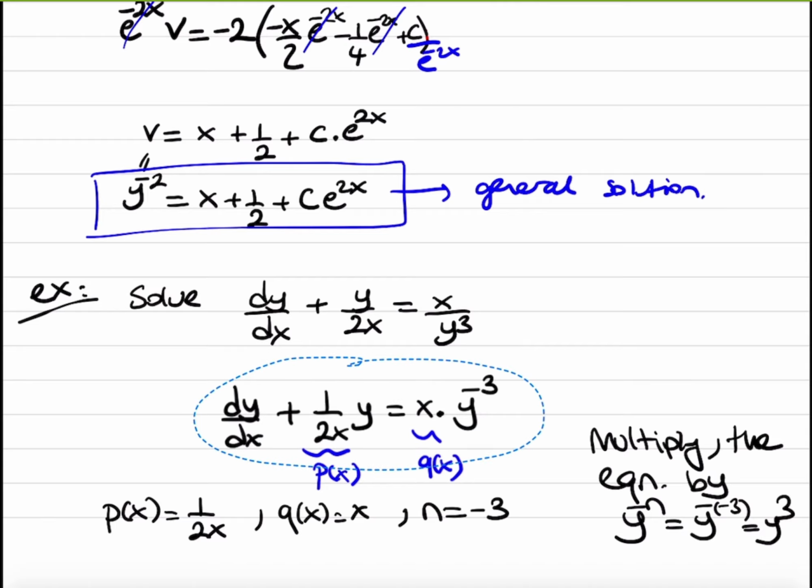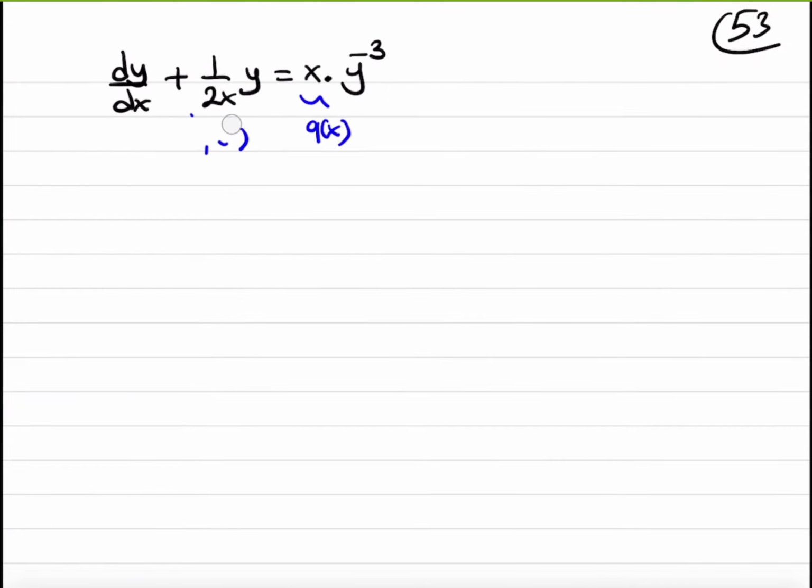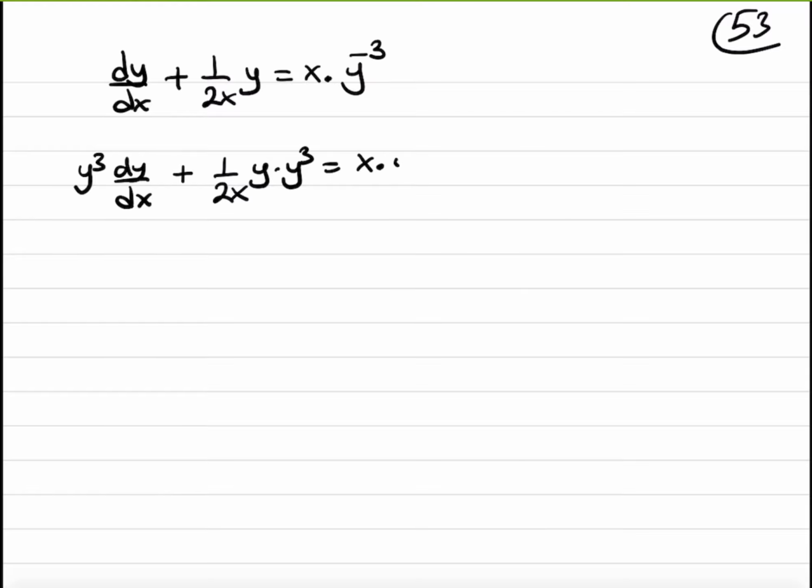Okay, let me copy to the next page. We will continue on the next page. Now we will multiply with y to the power 3. So y to the power 3 dy over dx plus 1 over 2x y times y to the power 3. So we don't forget to multiply everywhere.